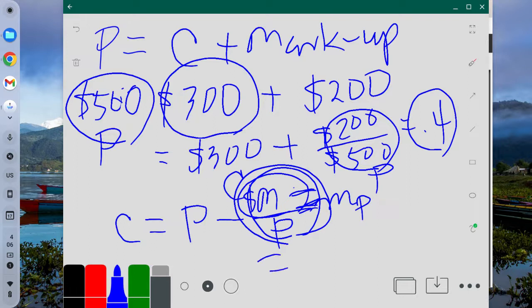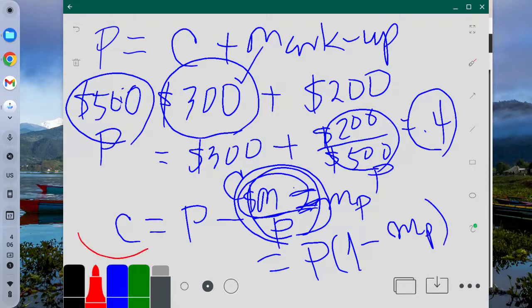So then it can be rewritten as, if you factor out P, 1 minus markup rate based on price, right? So this is the way to estimate the cost. And remember, it's all about estimating the cost, the true cost.